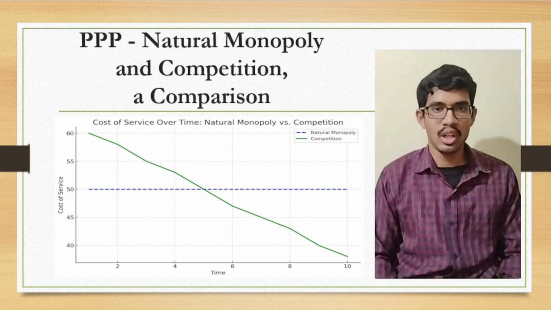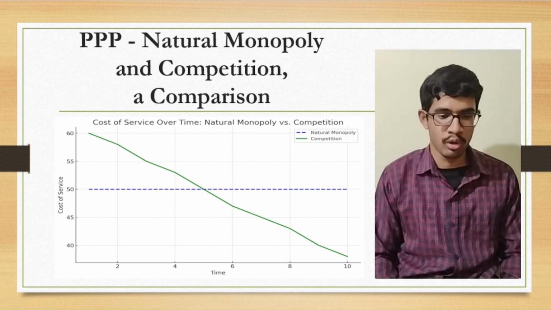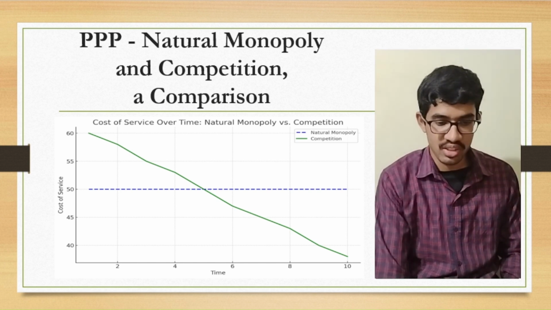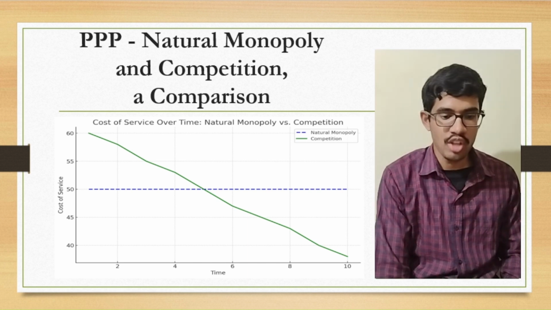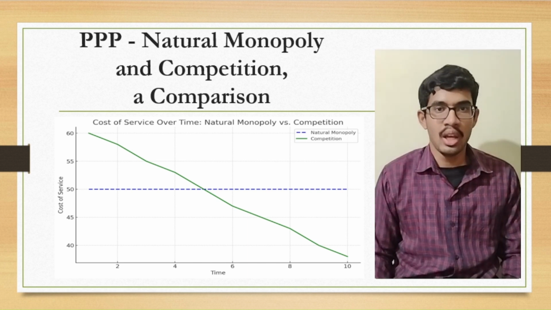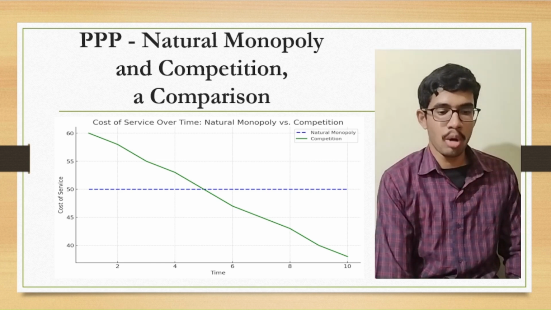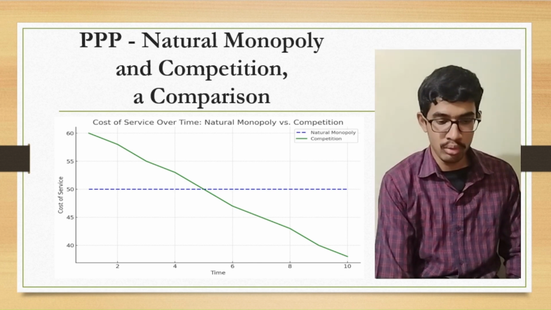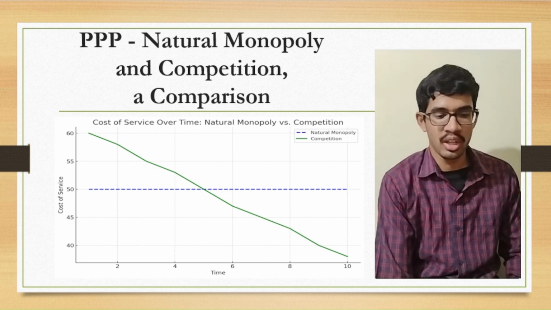So this is the graph where I have explained cost of service over time. Now initially the cost of the competition, which is the green line over here, will always be high and the cost of monopoly will be constant. Let us assume that it is always constant in general cases, and initially in the competition the prices are high. After that, when we move on to the second year, the cost of the competition has come down to a certain amount, but still it is not lower than or equal to the monopoly.